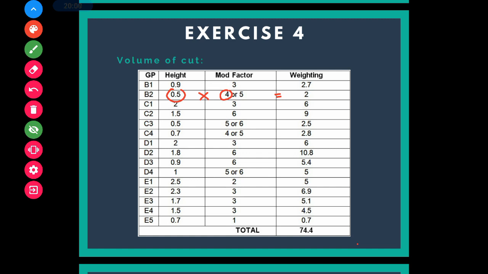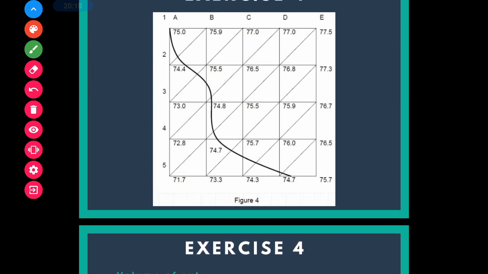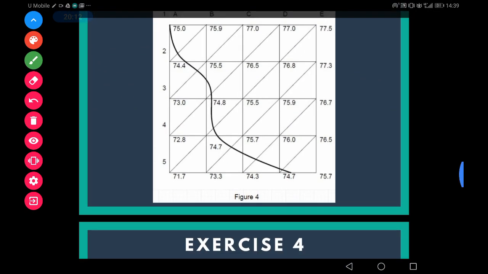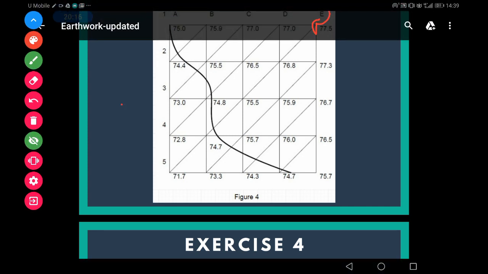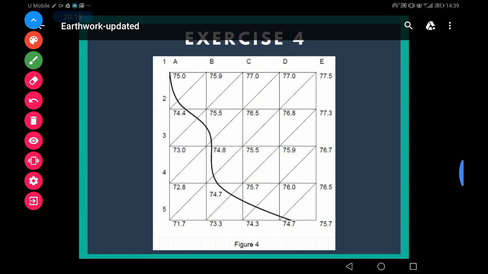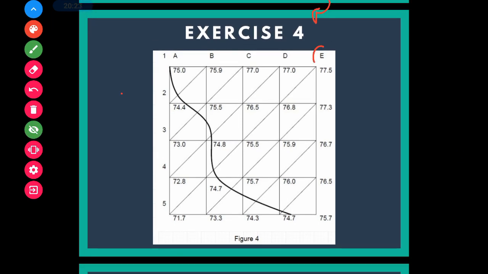Let's take a look at another example, for example E5 here. E and 5, so the point is here.